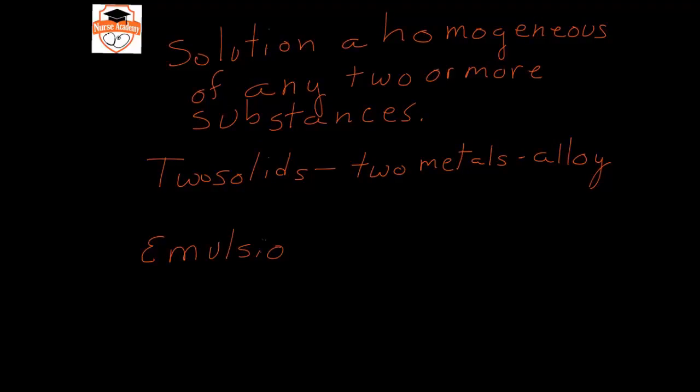Emulsions are when at least two of the components of the mixture would not form a homogeneous mixture, but there's a third component that helps the two go together. For instance, if you take the milk straight from the cow, you will not have the fat dissolved in the rest of the milk.